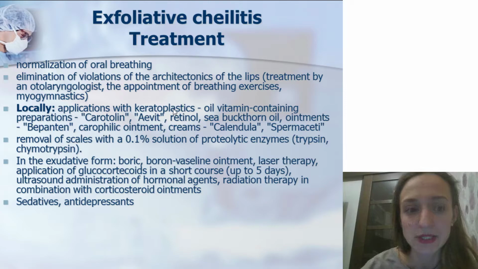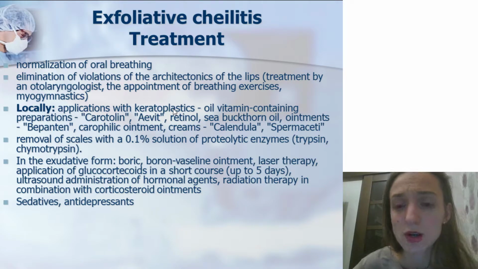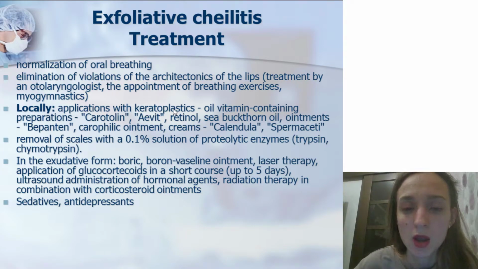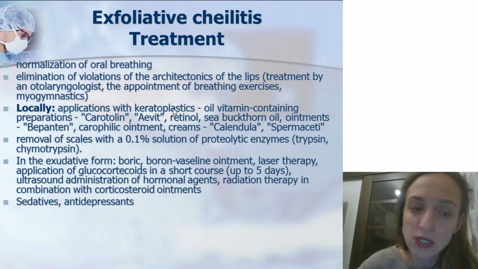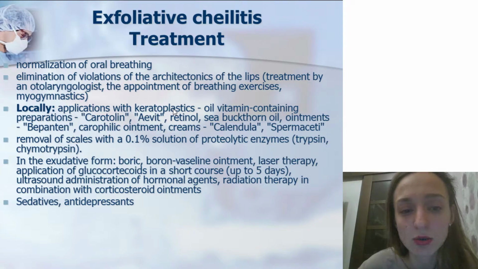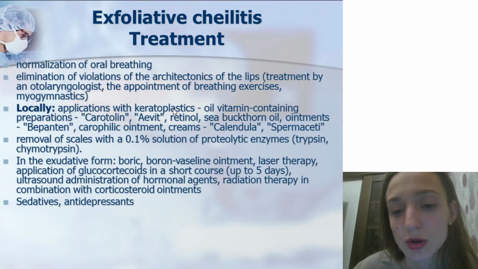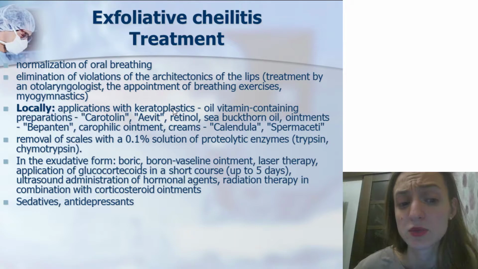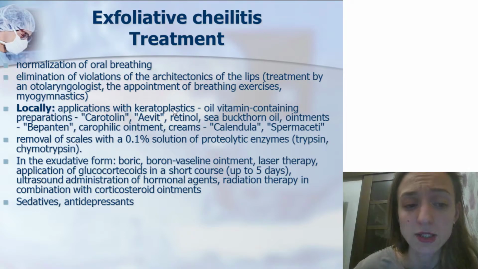And treatment is elimination of violations, which I spoke about on the previous slide, and locally, different applications with keratoplastics, and removal of scales with a solution of proteolytic enzymes, for example, trypsin and chymotrypsin.